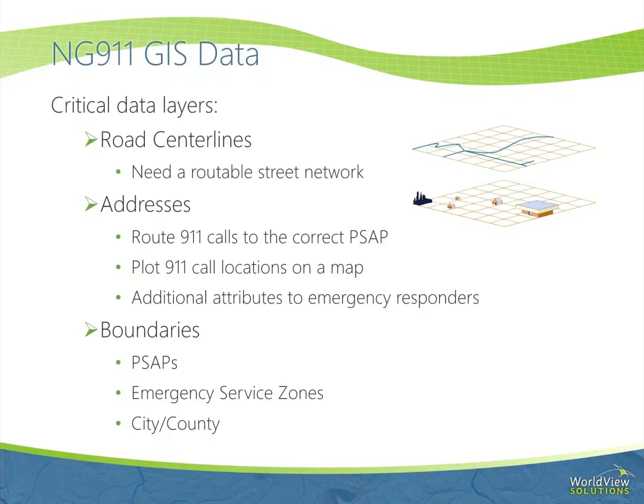Your road center lines will be most vital for having a routable street network. It'll provide things such as your address ranges or what direction the streets flow, if it's a one-way or not. Your addresses will provide the physical address point of contact for the phone call.